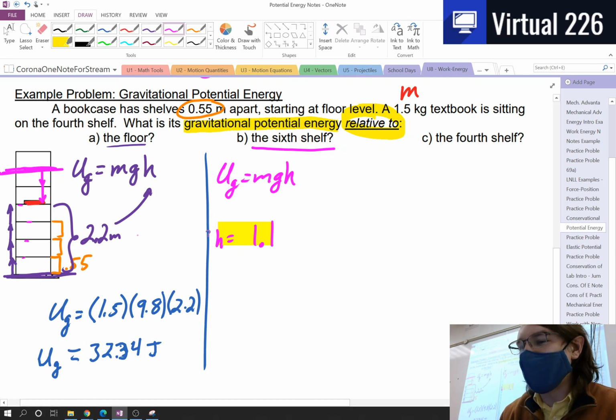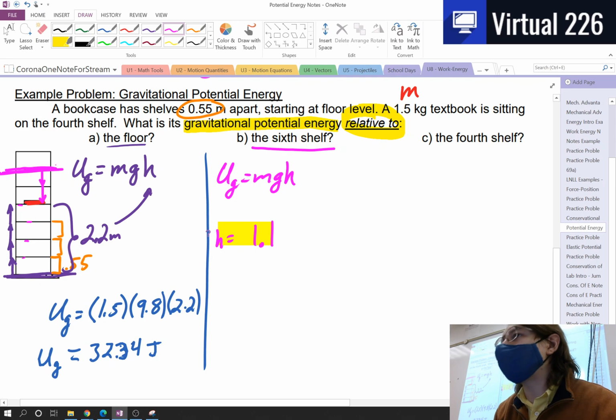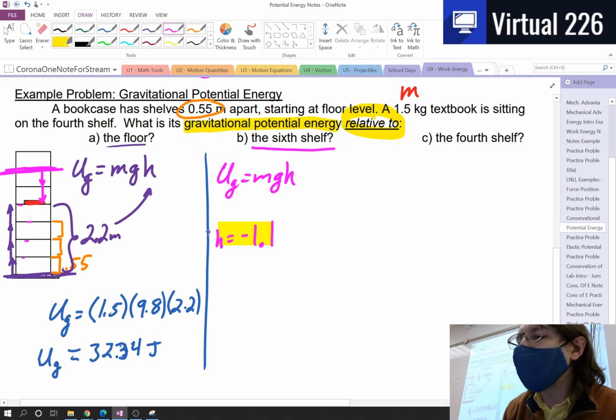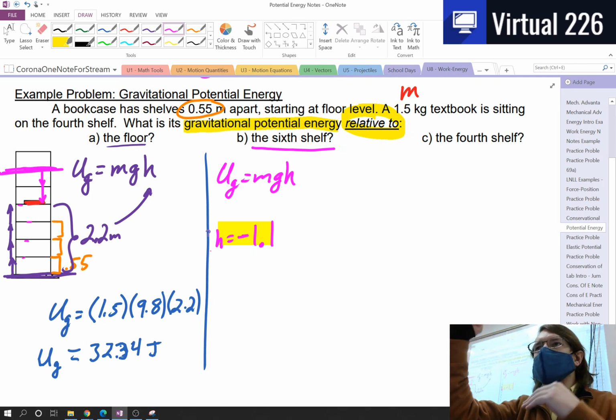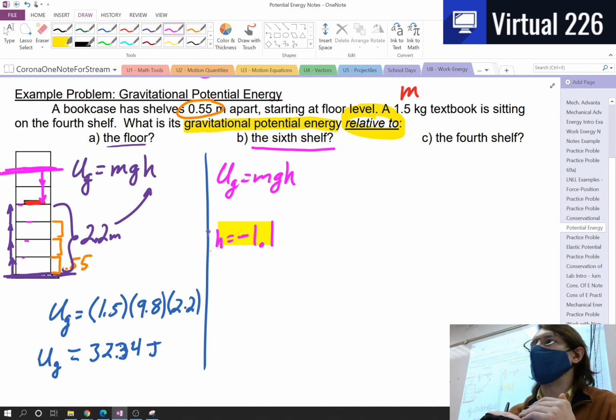Our height here, though, because our reference position is above us and we are underneath it, our height is going to be a negative value. You don't have the energy yet to get up there. You've already lost it, so to speak. You've fallen down that bit. So you're already in debt. You're already negative.